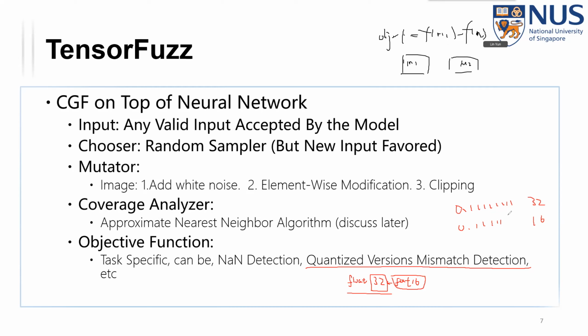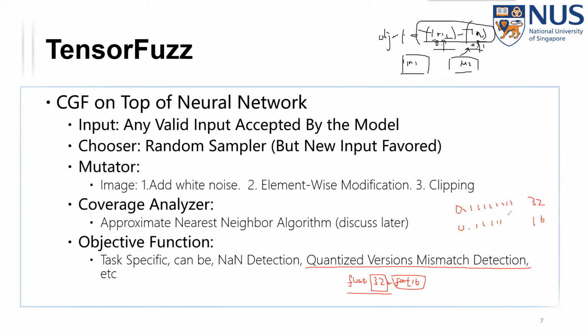And assume that M1 and M2 can provide a continuous output. For example, one provides 0.9, and the other provides 0.91, and based on the labels, they are both considered a true label, whatever it is. But then we keep mutating the input so that the absolute value of the objective function can be enlarged.